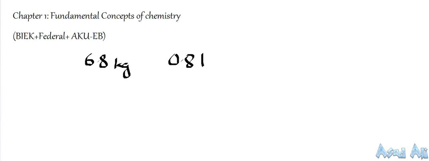When I add these two values, I will go for the least significant figure, or rather, the one which has the lesser number of digits after the decimal.